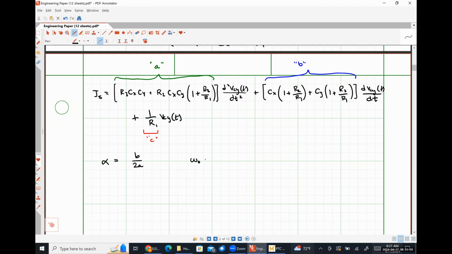Omega naught would just be the square root of C over what I have labeled as A, where A is just the coefficient of my second derivative term. And so now we would throw numbers in and see what shakes out. Once again, the hard part of this is always just setting up the second order differential equation. Once we get that done, the problem is literally identical to everything that we've been doing for the last 2 weeks.